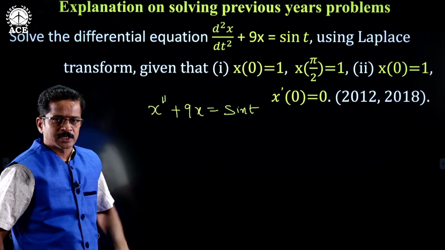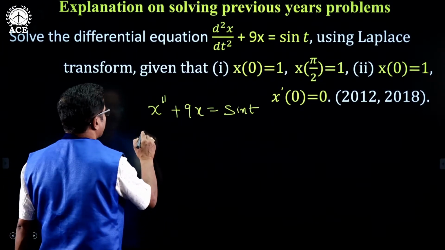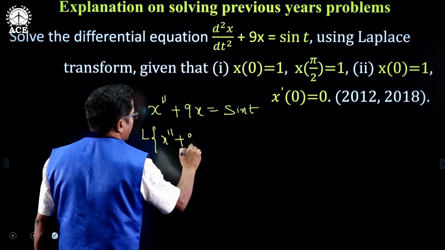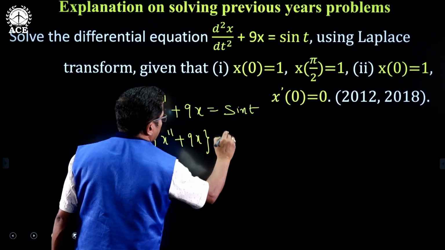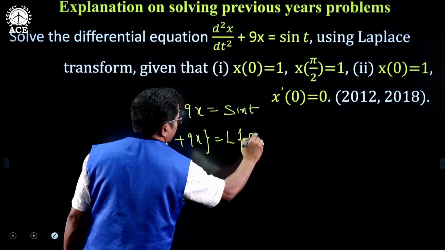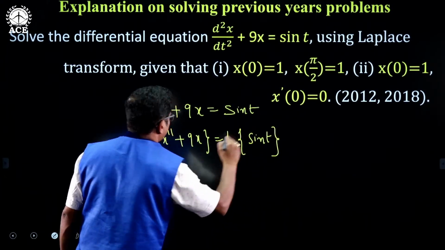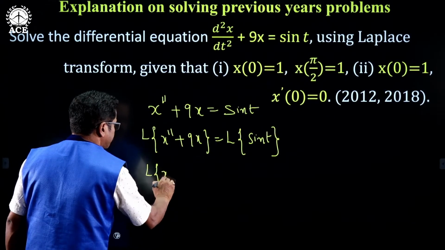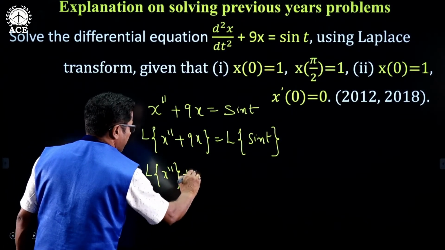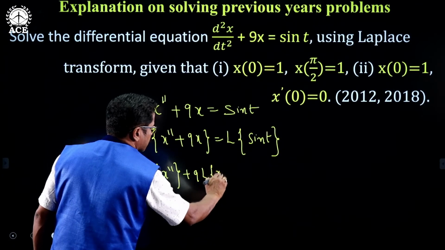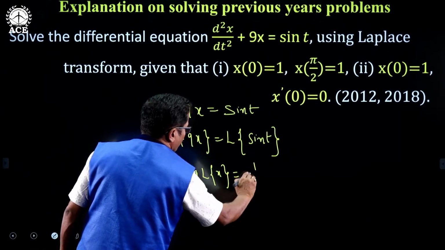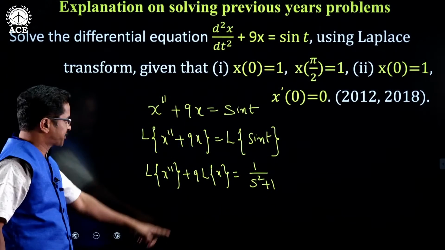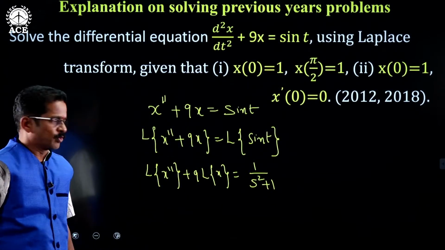Now I am taking the Laplace transform throughout the differential equation. Then L of x double dash plus 9x is equal to L of sin t. L of x double dash plus 9 into L of x is equal to 1 by s square plus 1, since L of sin t is 1 by s square plus 1.